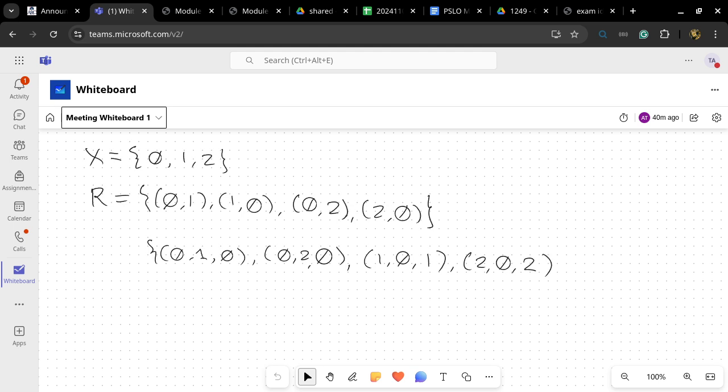So the correct answer would consist of these 3-tuples if X and R are defined in this way. Is that okay?